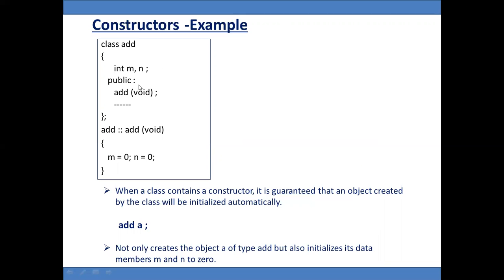Public colon, public is a keyword, then add, a member function. That means in the example, the class name is add and the member function name is the same, add. That means it is a constructor.